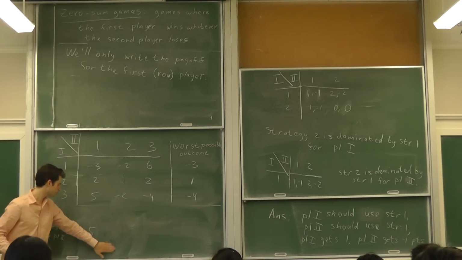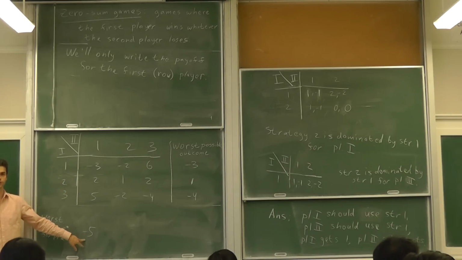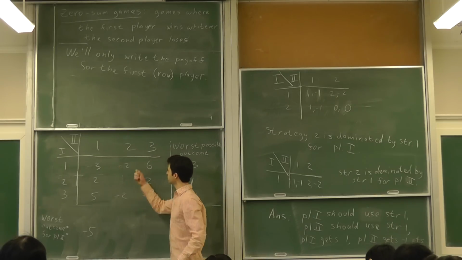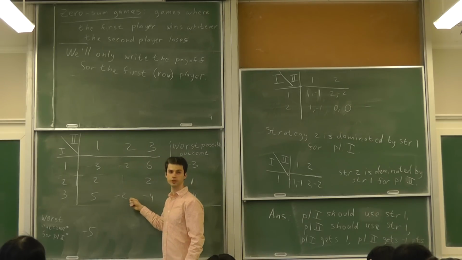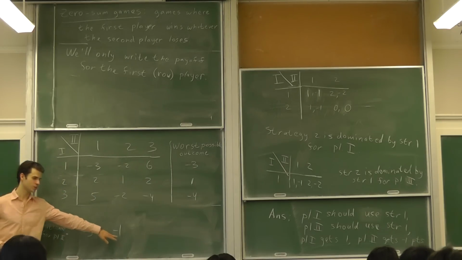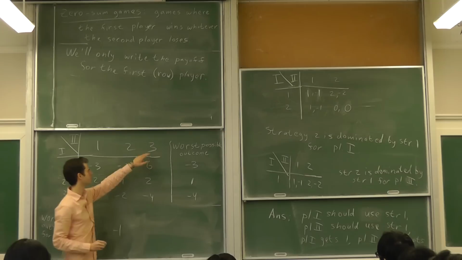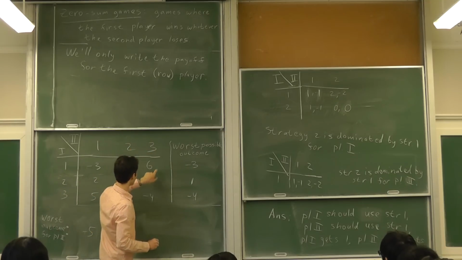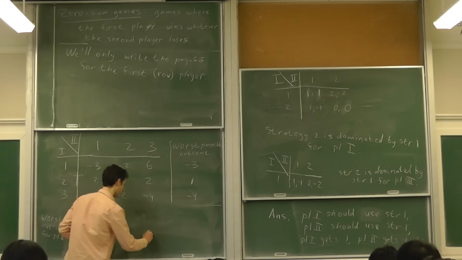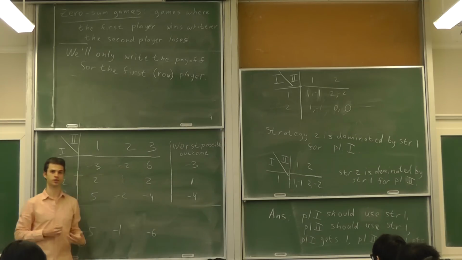So in the worst possible case, we'll lose 5 points. If we follow strategy 2, gain of 2, loss of 1, gain of 2, so loss of 1 is the worst possible outcome. Strategy number 3, loss of 6, loss of 2, gain of 4, so loss of 6 is the worst possible.